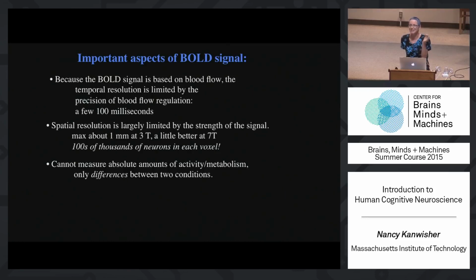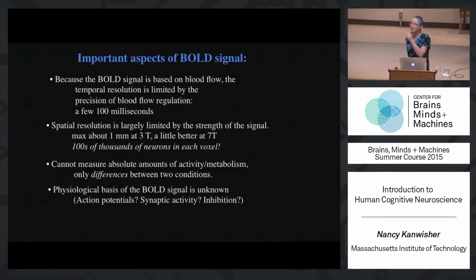It's just the intensity of the MRI signal. The only way to make it mean something is to compare it to something else, usually two different tasks or two different stimuli. And so you can go far with that, but it's important to realize you can't translate it into any kind of absolute measure of neural activity. It's only a relative measure of strength of neural activity between two or more different conditions.